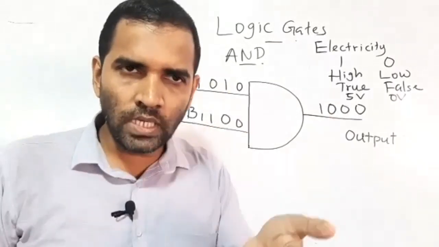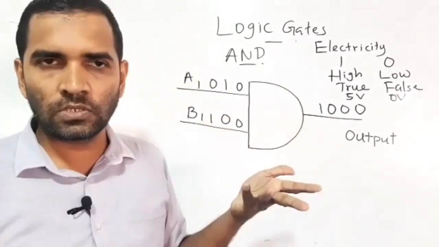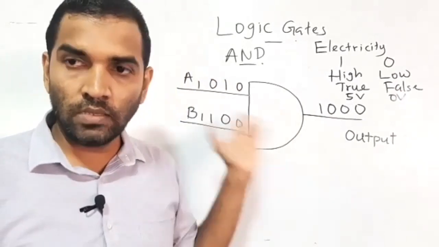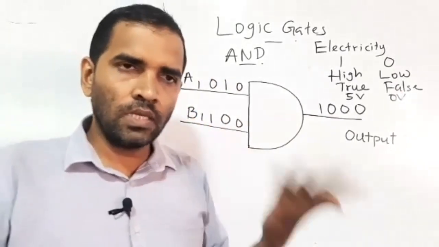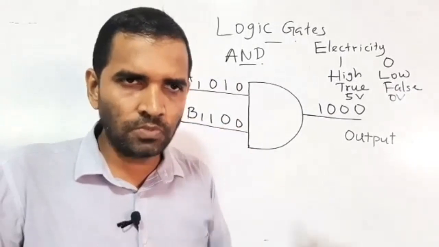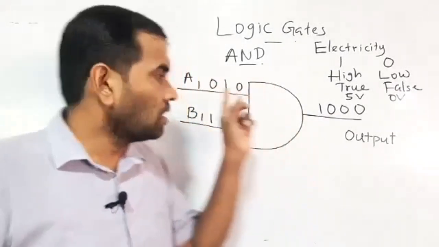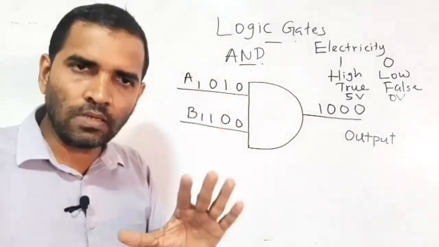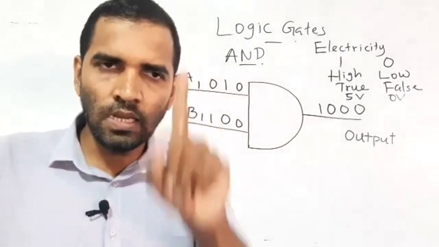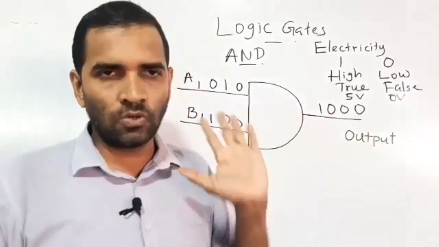I use the words all the inputs because there can be 3 inputs, 4 inputs, but at the moment we use 2 inputs. So have you understood? When all the inputs have electricity, there is electricity found as output.